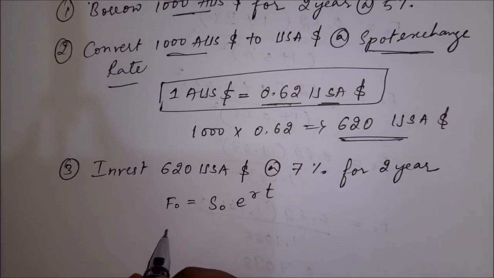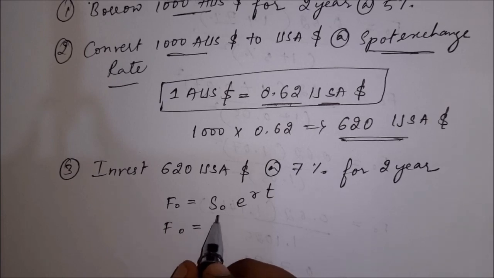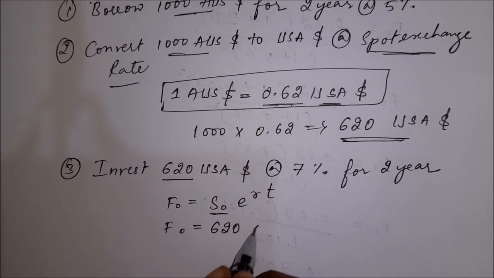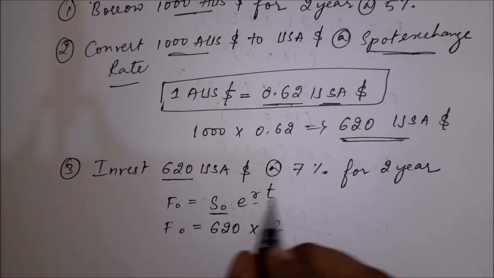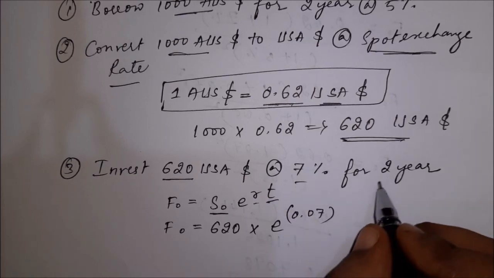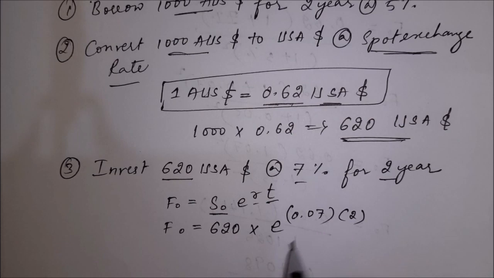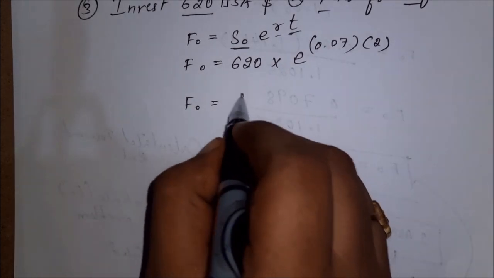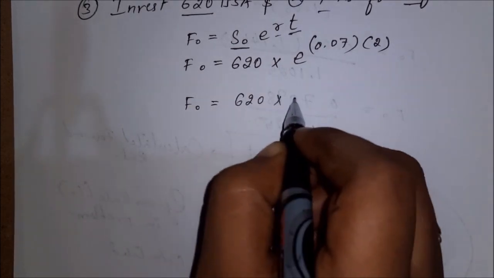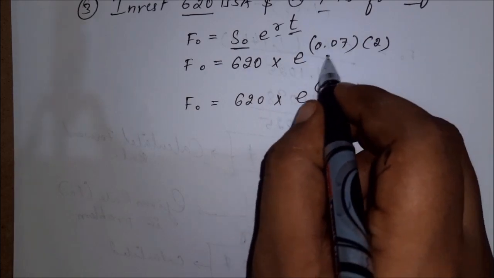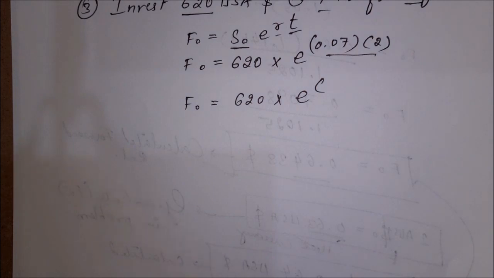Okay, so F naught is equal to the spot price, you have to write 620 here, 620 into e to the power, rate is 7%, 0.07 into t is 2 years. F naught is equal to 620 into e to the power, multiply this 0.07 and 2.